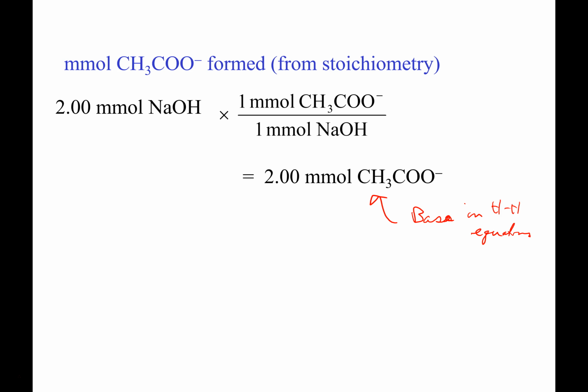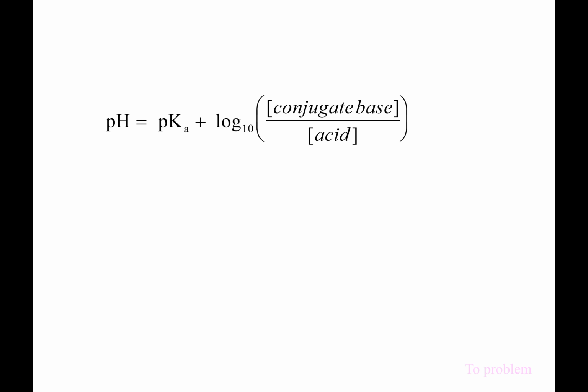So we need to look up the Ka of CH3COOH, so that should not be a problem. It becomes interesting, an extra step, if the weak base is predominant. So this is the Henderson-Hasselbalch equation.